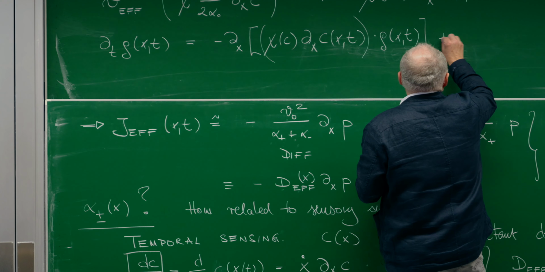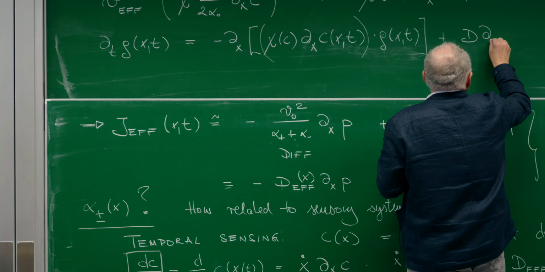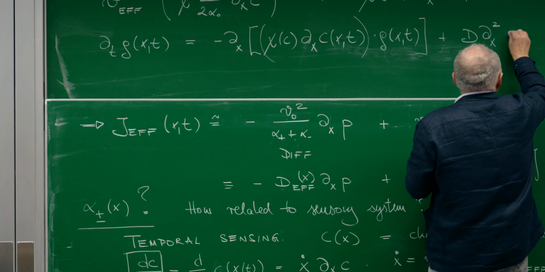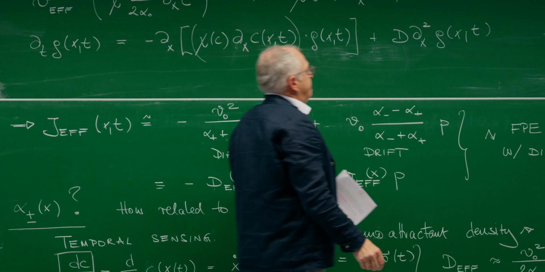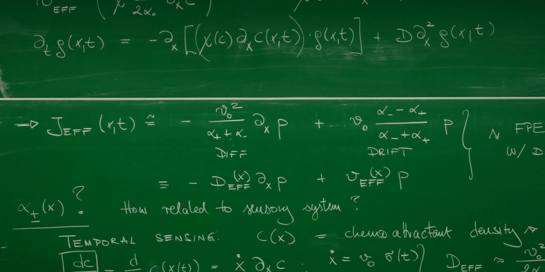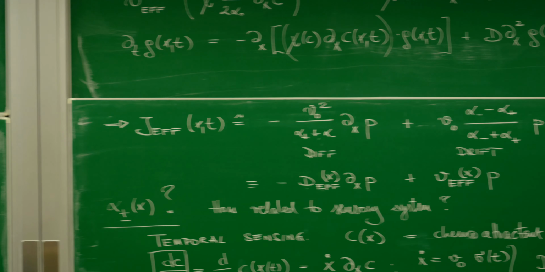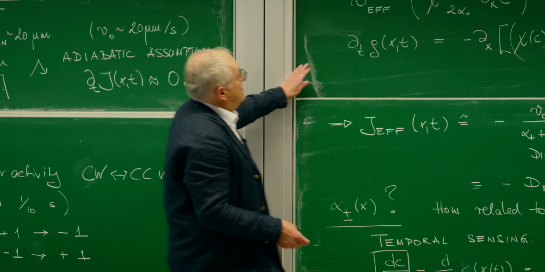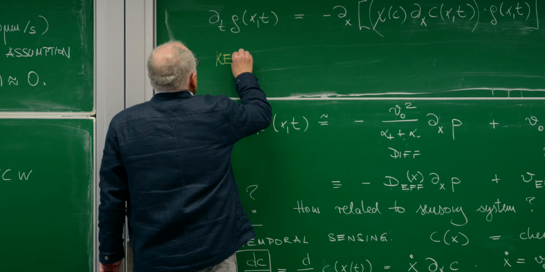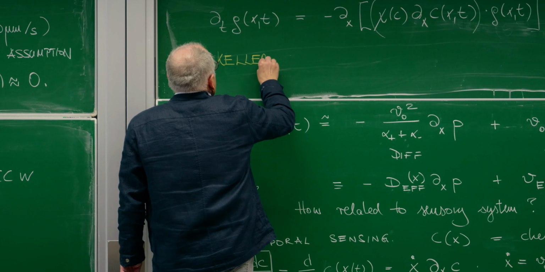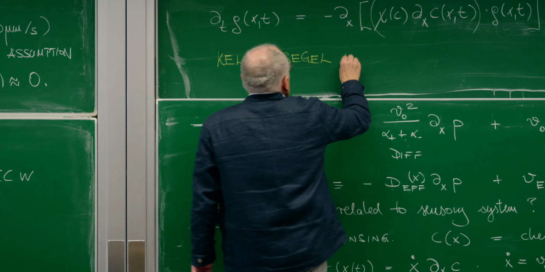And we do have a diffusion term, and here I'll just leave out the index effective, rho of x and t. So once you have that equation, this is a very famous and classic equation from the field. These are known as Keller-Segel models.